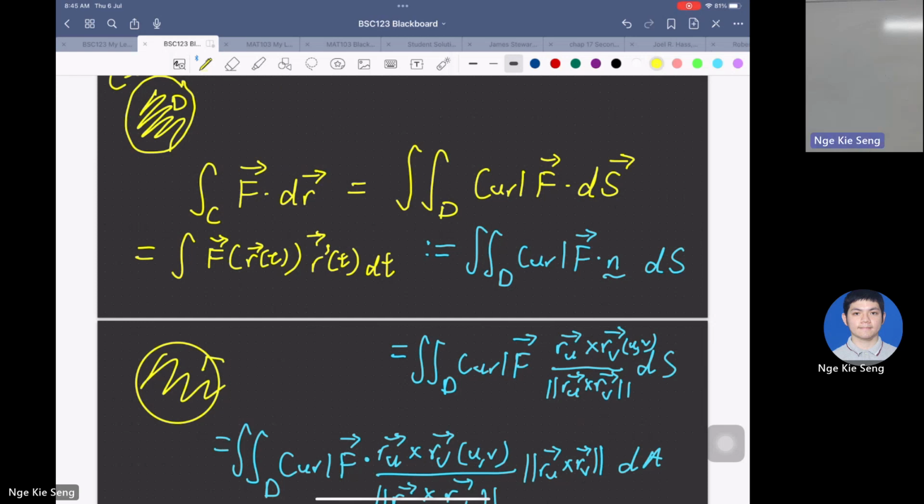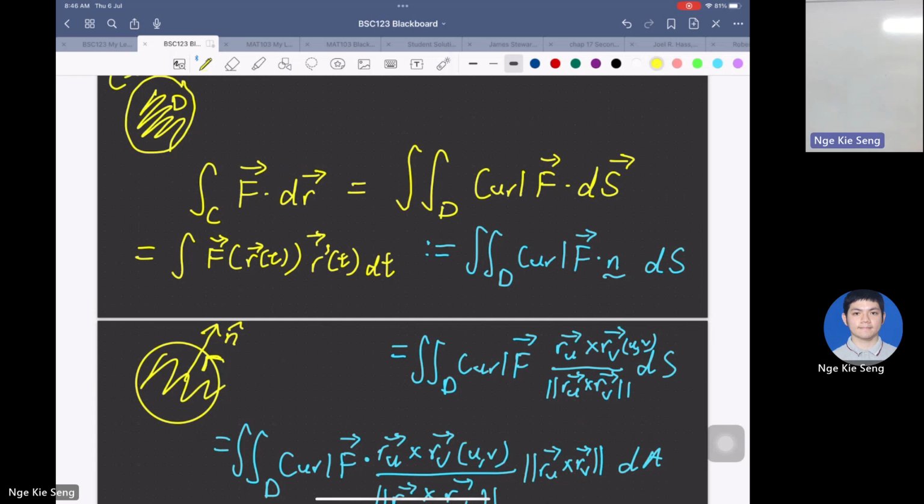The orientation of your curve needs to align with your normal.